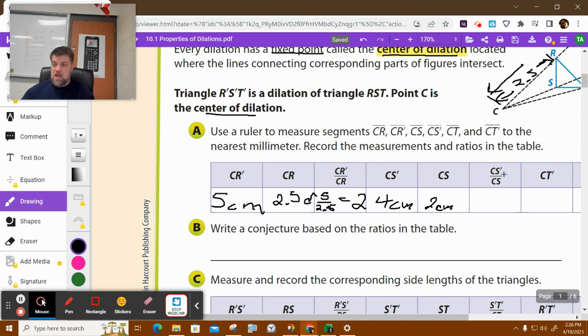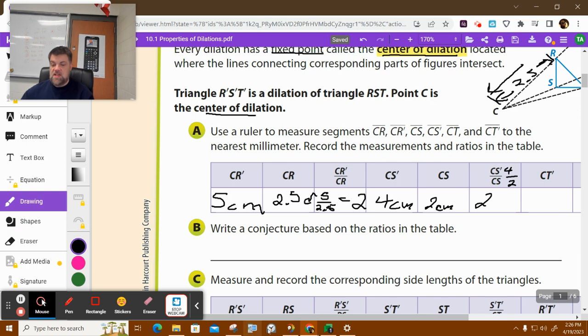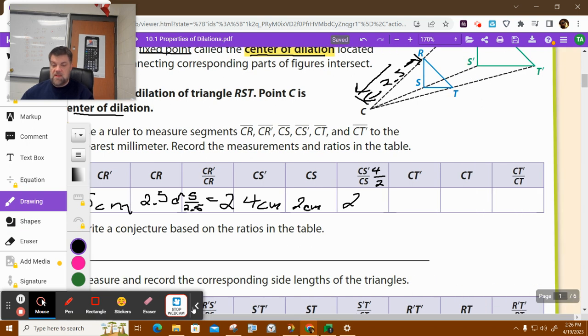So CS prime, which is 4, over CS, which is 2, what does that reduce down to? 2. Actually, I shouldn't be writing down centimeters. This is just 2. Notice that I did it right the first time, because the centimeters will cancel out when you do the math on this.